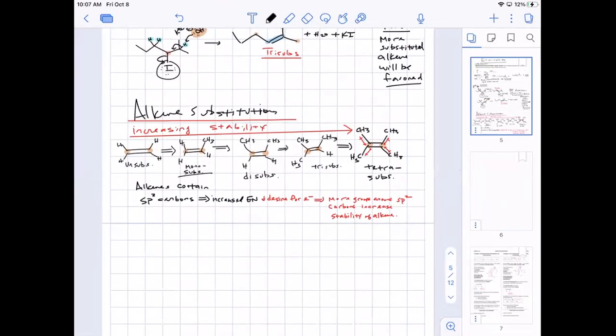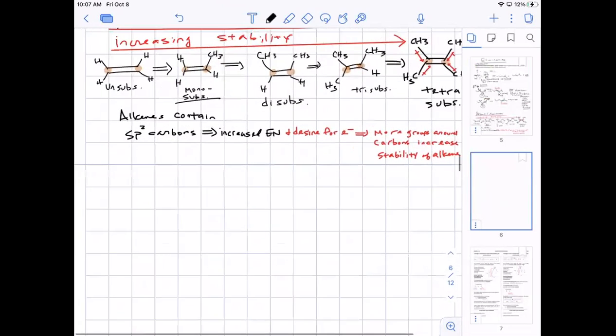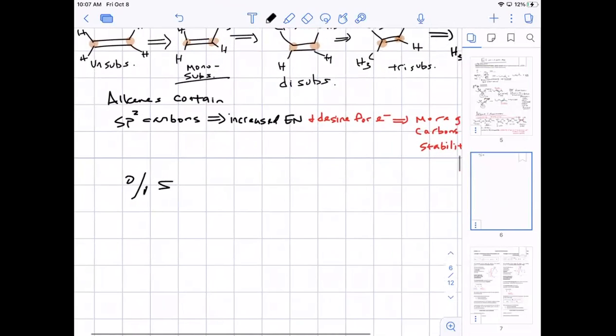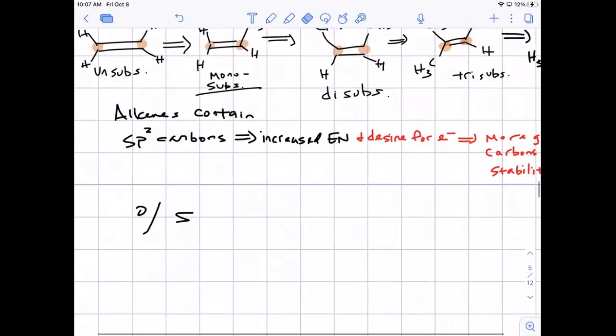And so when we think about, we're talking about percent s character.